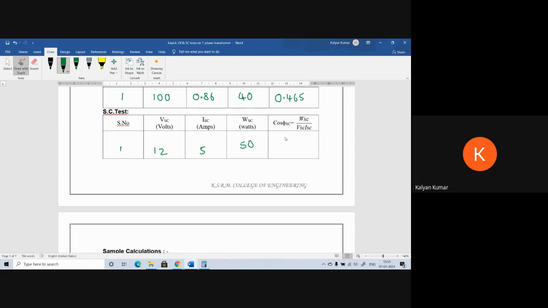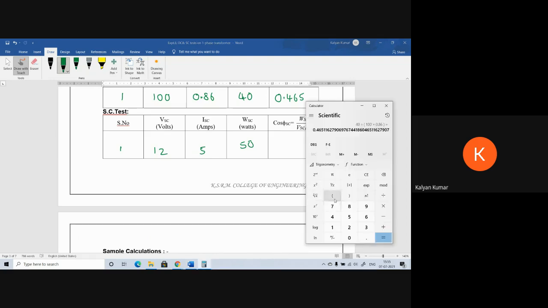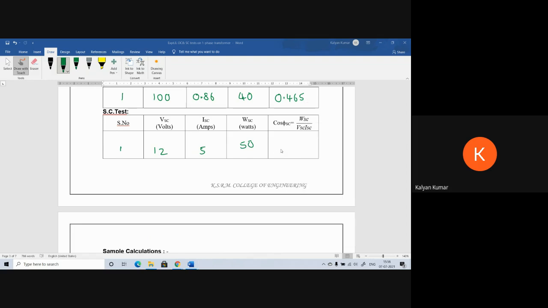Now if we calculate the cos phi SC, it will be 50 divided by 12 into 5, 60, 0.833. So 0.833 is what we are going to get.